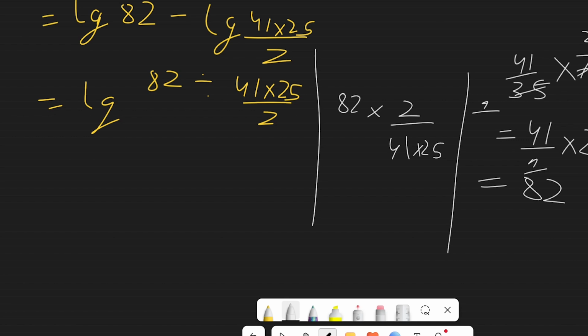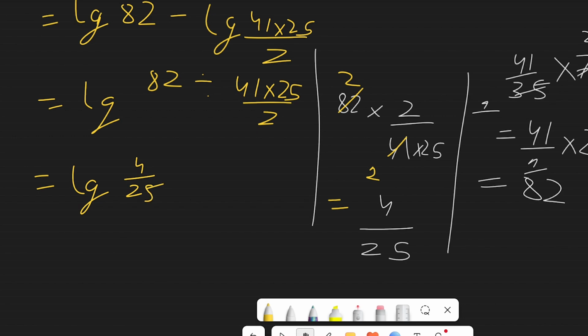Now we can easily see that these are two common. 41 times 2 is 82. So we will divide by 41, so this would become 2, and this would become 2, so the numerator would become 4 over 25. Okay, and that is our answer, lg 4 over 25.